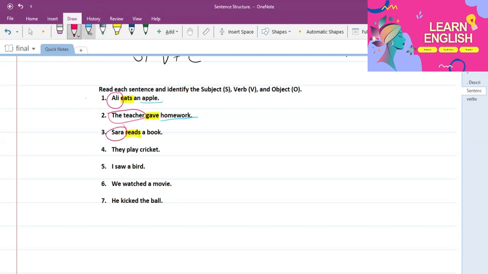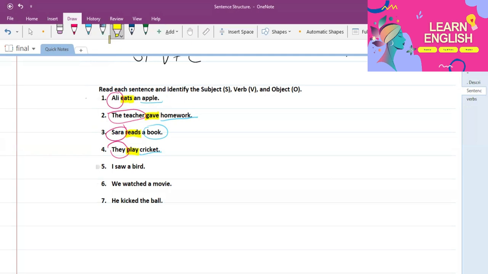Sarah is the subject. And book is an object. Let's move on to sentence number 4. They play cricket. We'll identify the verb first. Play is the verb. Then subject. They is the subject because it's performing the action. And cricket is the object.